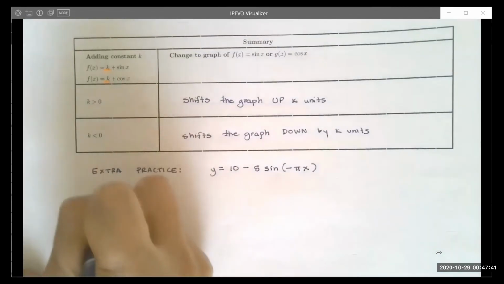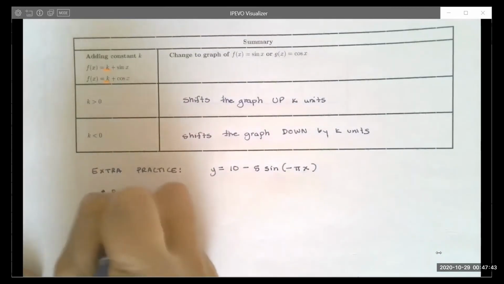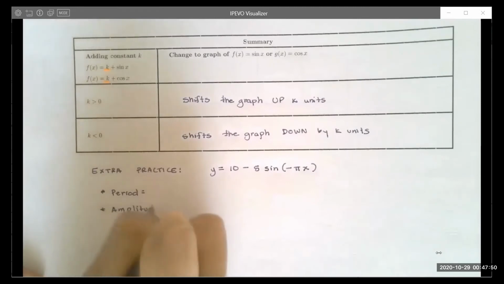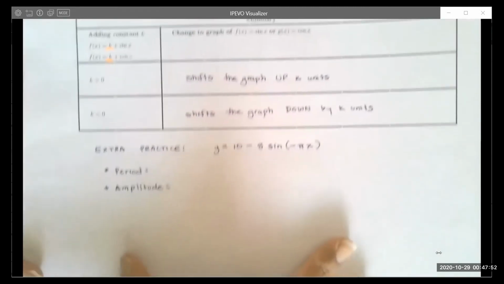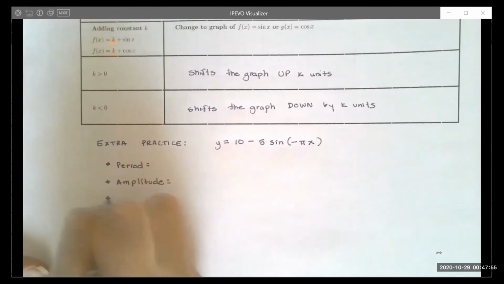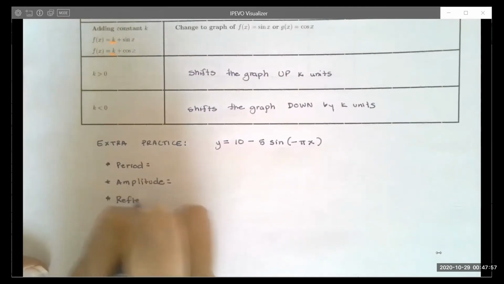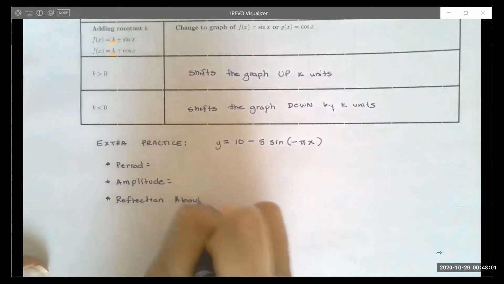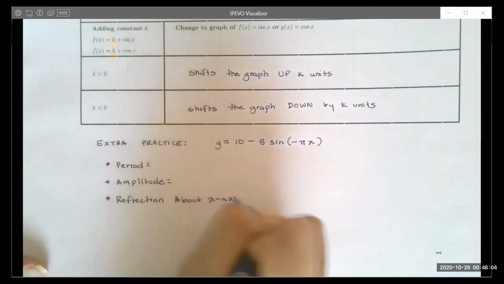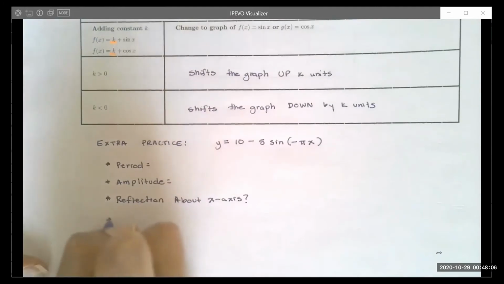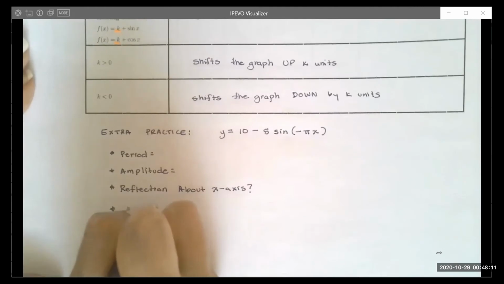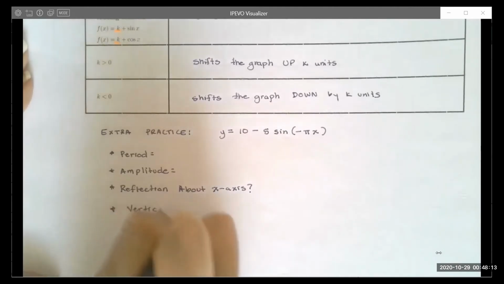And we're going to look at what is the period, what is the amplitude, is there a reflection about the x-axis, and then finally, what is the vertical shift?